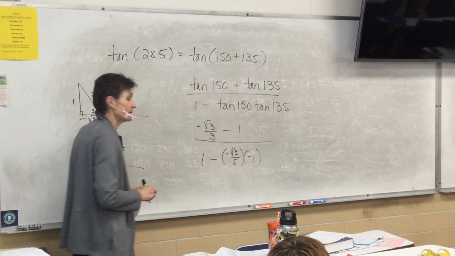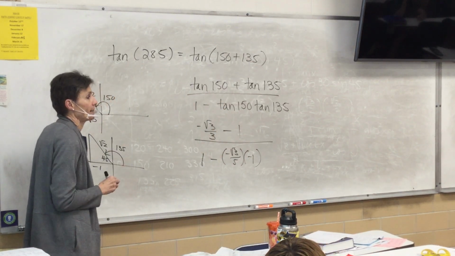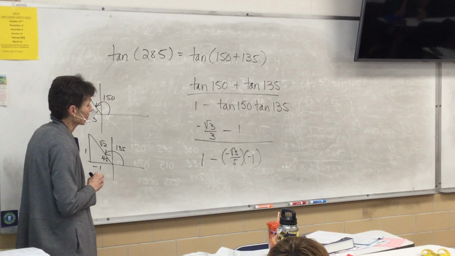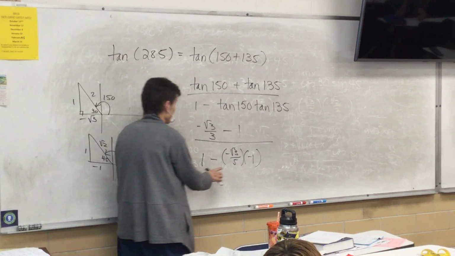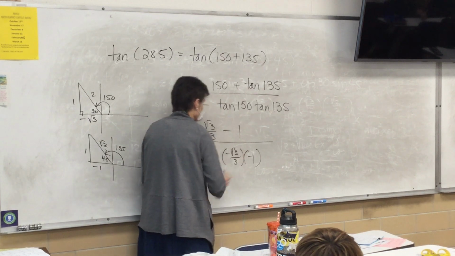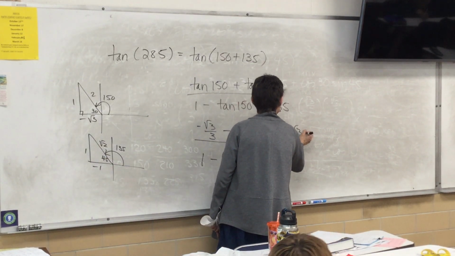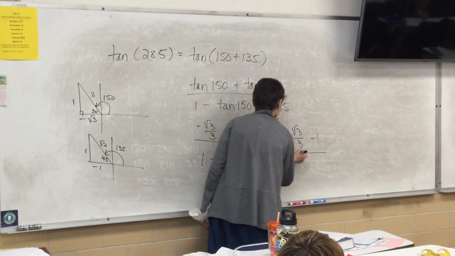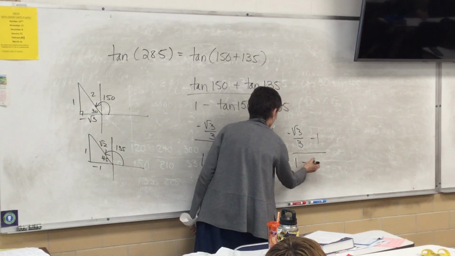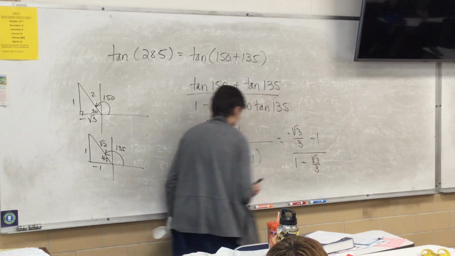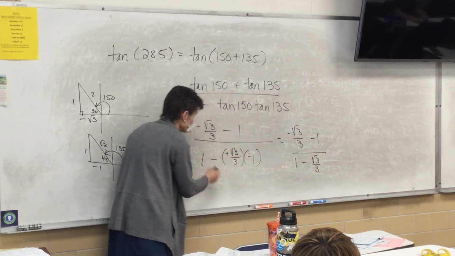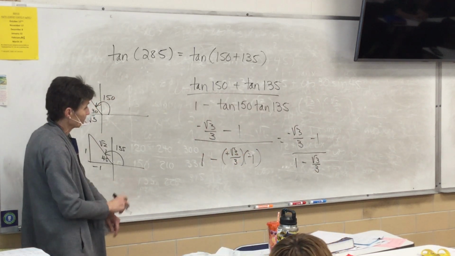Same two numbers go in the denominator, only they're being multiplied in the denominator. So, negative root 3 over 3 minus 1 over 1 minus root 3 over 3. These two negatives cancel, so I'm left with that minus there.